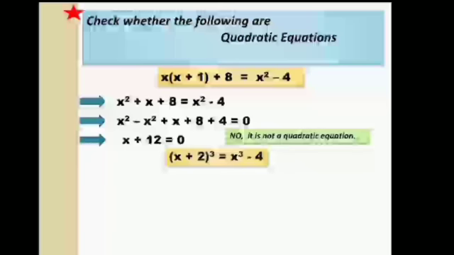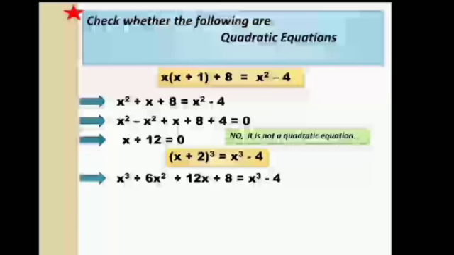Another question is x plus 2 whole cube equals x cube minus 4. First we will apply the identity a plus b whole cube, which is a cube plus b cube plus 3a square b plus 3ab square. And when you open this, you will find x cube plus 6x square plus 12x plus 8 equals x cube minus 4.